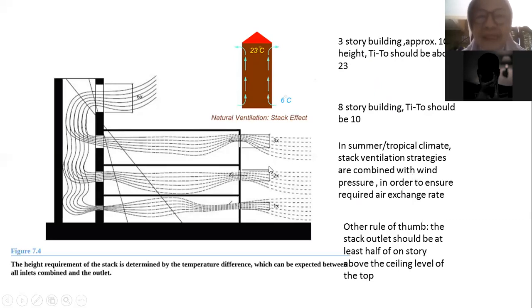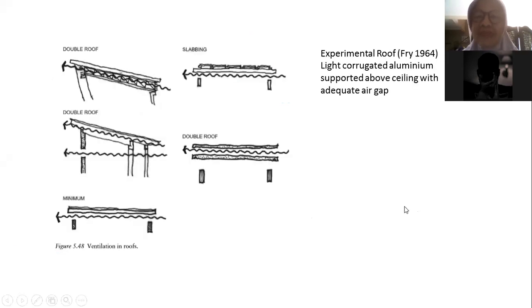It is impossible to rely only on stack ventilation to create air movement sufficient for achieving comfort condition. Combined with wind pressure in order to ensure the required air exchange rate or velocity, sorry.